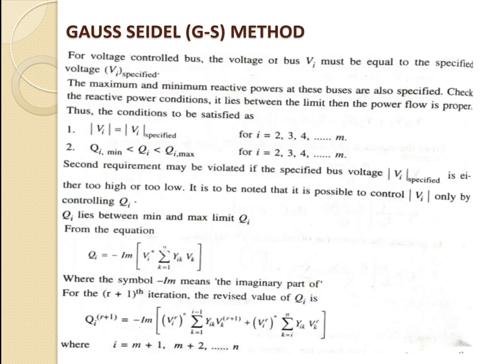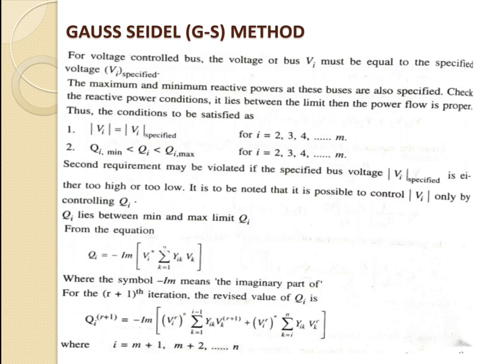So to control the voltage, firstly we have to calculate the reactive power. Qi, which lies between the minimum and maximum limits, is given by Qi equals minus Im of Vi star times the summation over k equals 1 to n of Yik Vk.